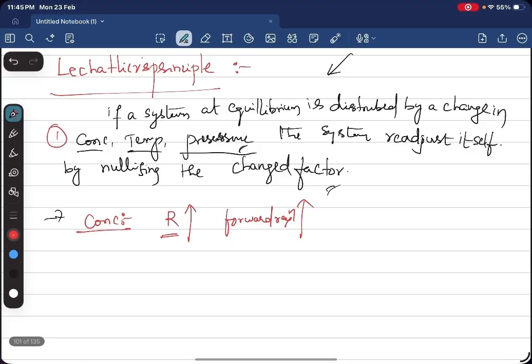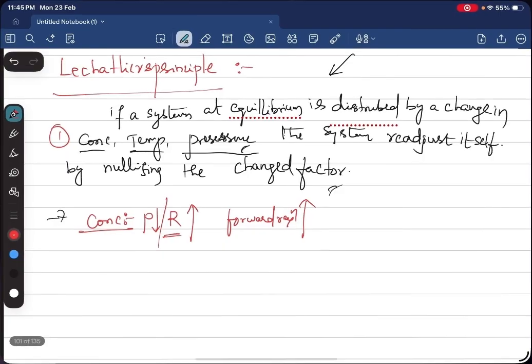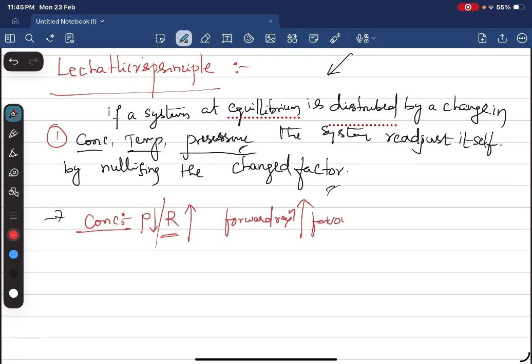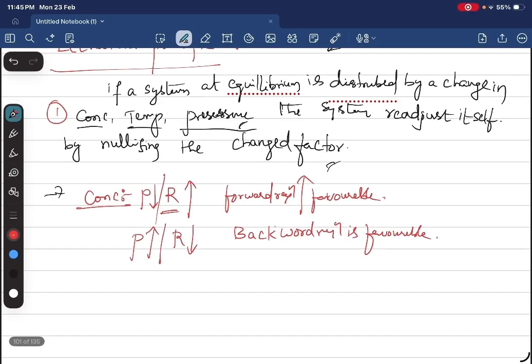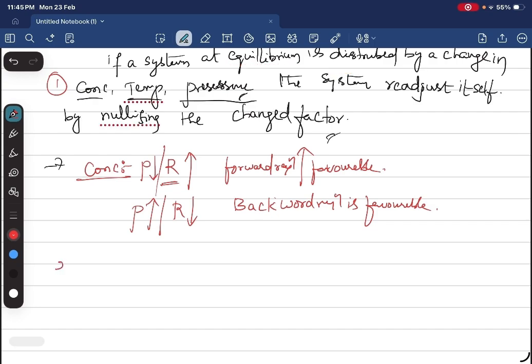We can also say that either by increasing reactant concentration or decreasing product concentration, the forward reaction is favorable. In the same way, if product concentration increases or reactant concentration decreases, the backward reaction is favorable. That's how the new equilibrium is going to re-establish.